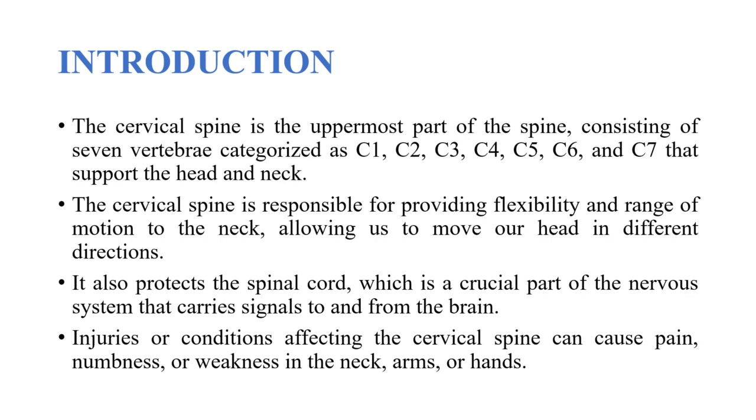The significance of the cervical spine becomes evident when considering that injuries or certain medical conditions affecting it can lead to symptoms such as pain, numbness, or weakness in the neck, arms, or hands.